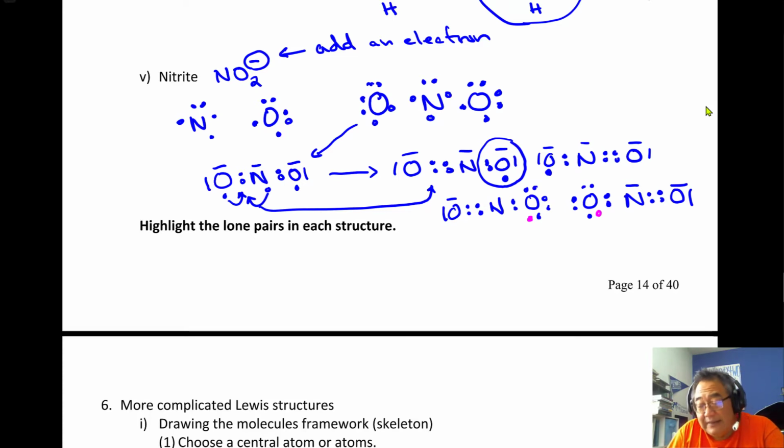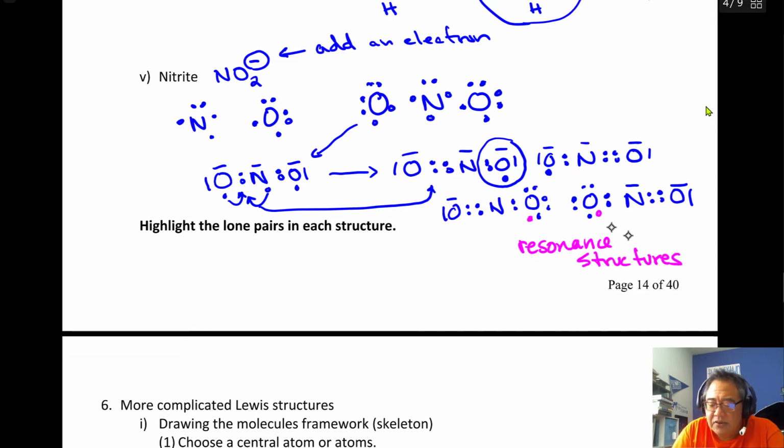Okay, so having said that, there are 2 of them, right? So which one is it? It turns out the answer is both. If there's more than one way to draw the structure, we draw them both, and these are known as resonance structures. Now these are ions, so we put brackets around it like this, and I didn't leave enough space here.